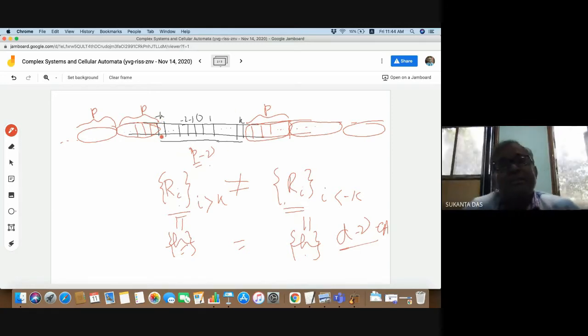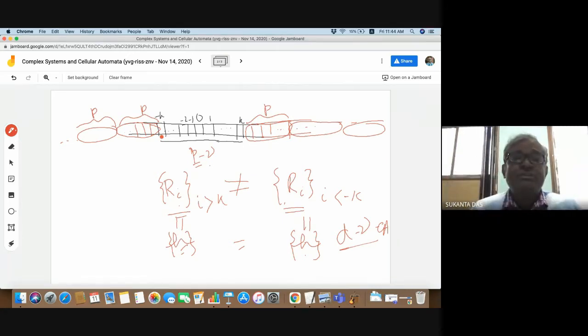Actually, in these two definitions, practically we cannot deal with infinite non-uniform CA if we do not know what kind of rules the cells are using. If it is completely arbitrary, you cannot deal with that kind of CA.